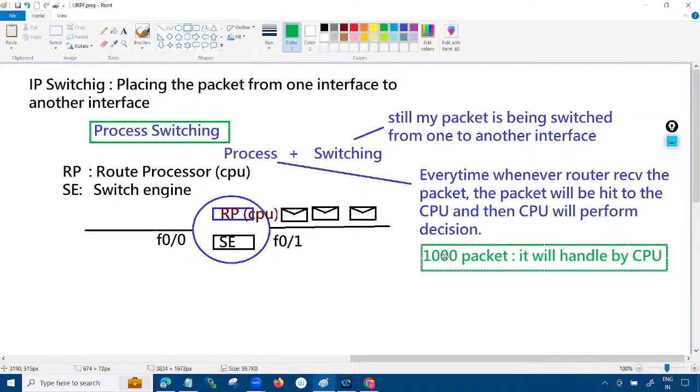If I allocate all this packet forwarding only to the router CPU, then what happens? We won't have CPU for other processes. For example, if I run BGP over there, it will give you an error message: you don't have enough CPU to run the BGP process.